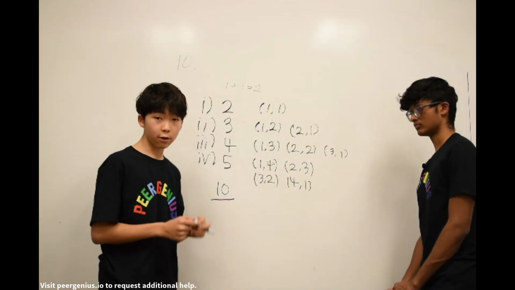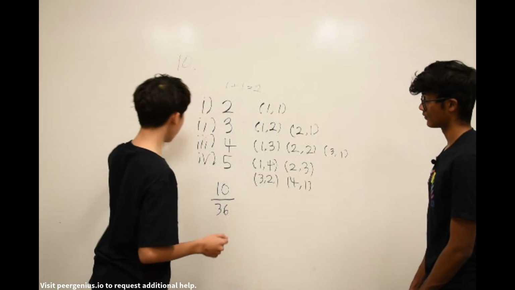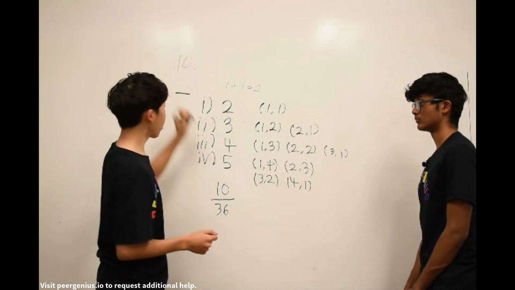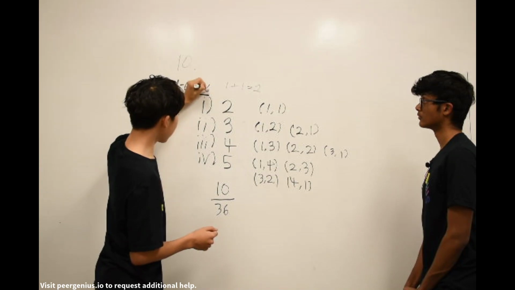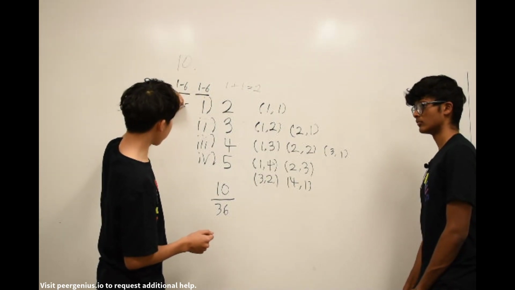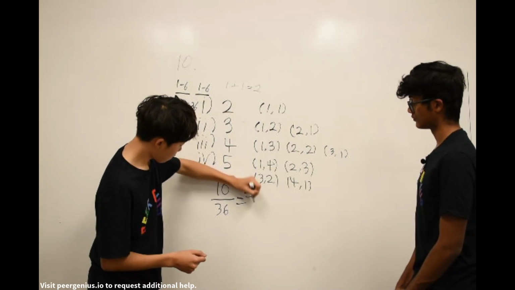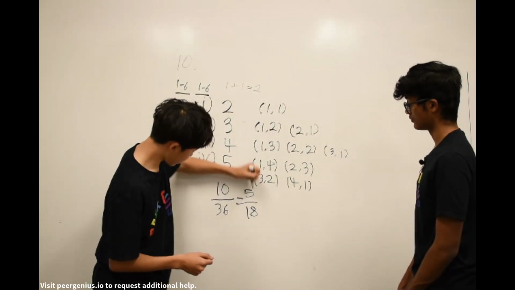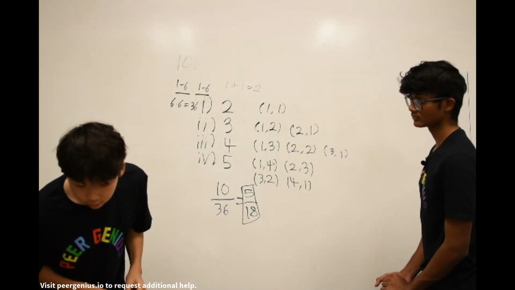Now we need to find the total outcome, which is 36, because 6 times 6: each roll has 6 possible cases, 1 through 6. And when you simplify this, you get 5 over 18, which is D.